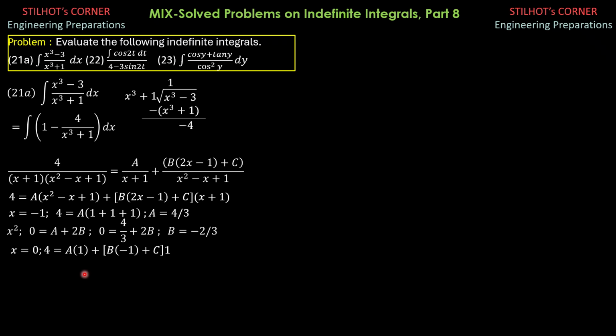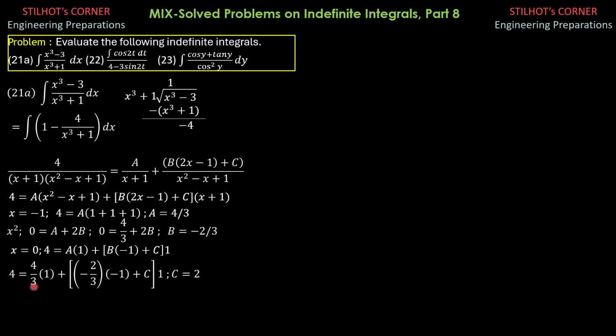Since we already found a and b, substitute: 4 equals 4/3, then plus negative 2/3 times negative 1 plus c, and times 1. So that means c is 2.